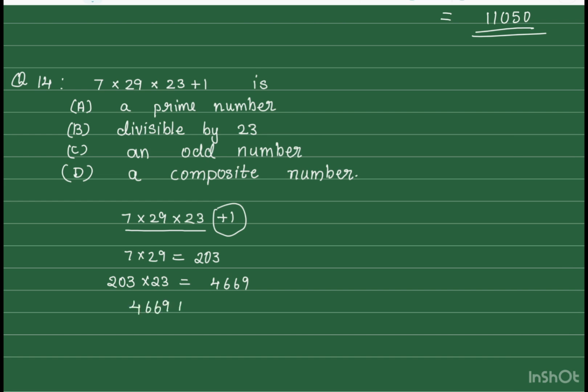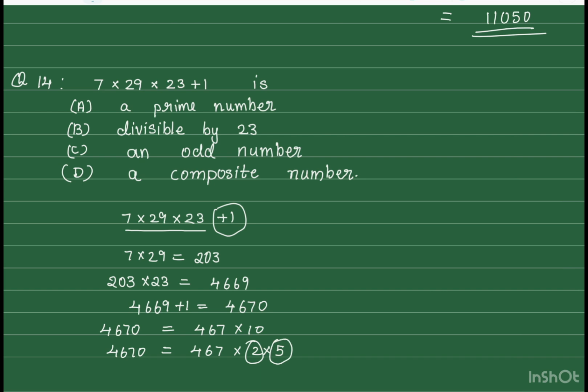So 4669 plus 1 is equal to 4670. That is, 4670 can be written as 467 into 10, and here 10 can be split into 2 into 5.